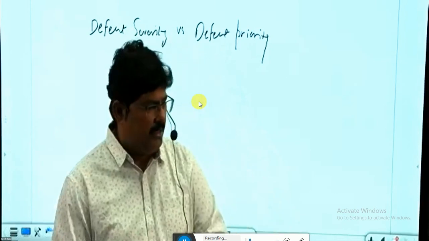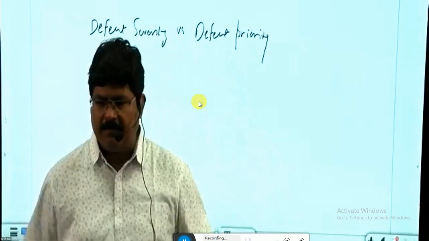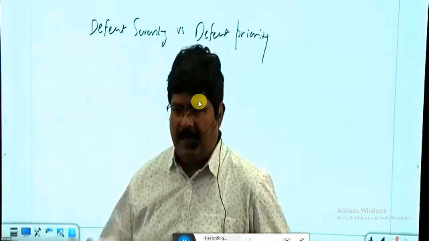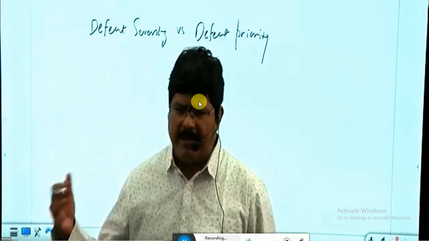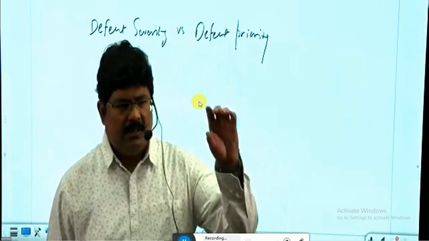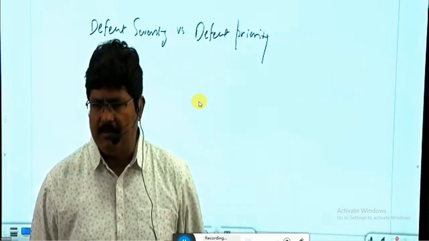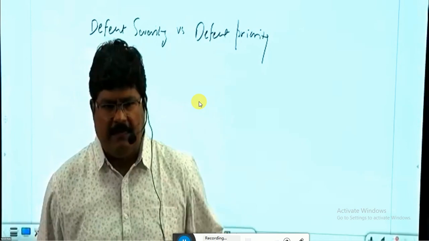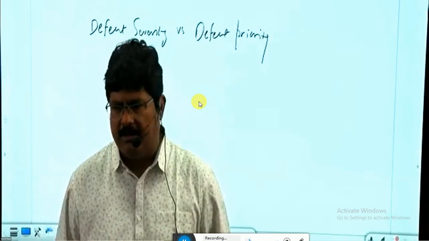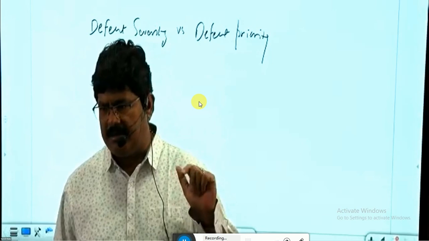Try to understand this. Supposing in some application, we are testing some application, maybe some e-commerce or banking, whatever it may be. That logo is not properly visible. Logo colors, there's a little deviation. You know, ICICI Bank logo colors, red and orange mixture.